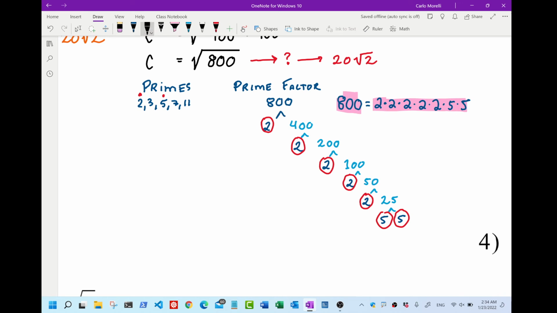Okay, so let's go back to our work here and say, if C equals the square root of 800, then C equals the square root of, and then you can put in all these prime factors.